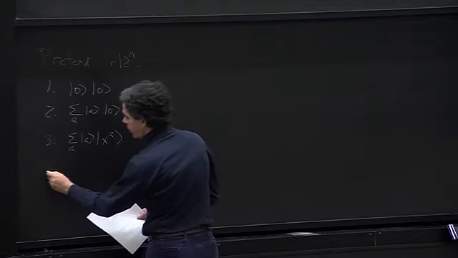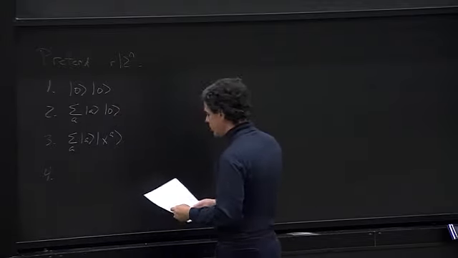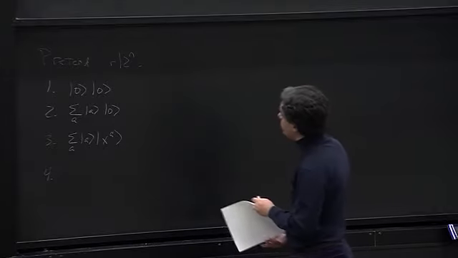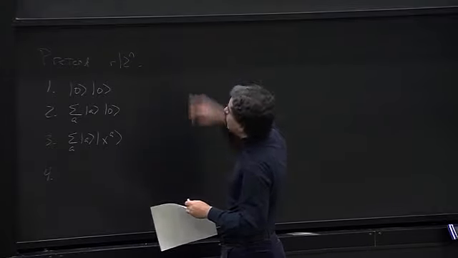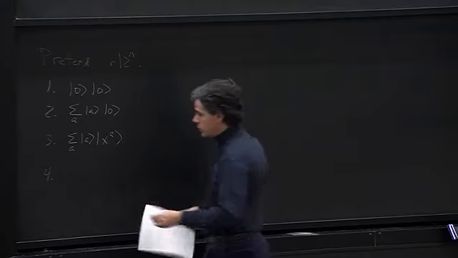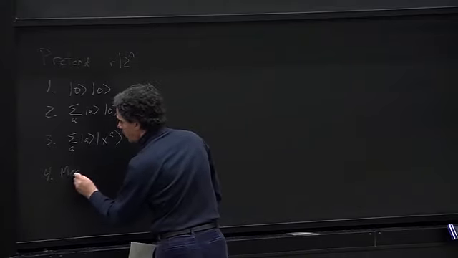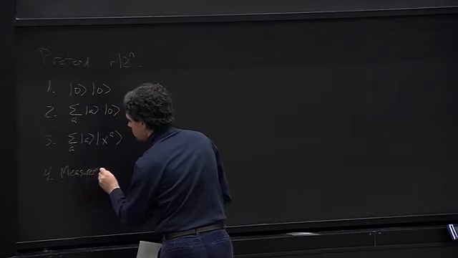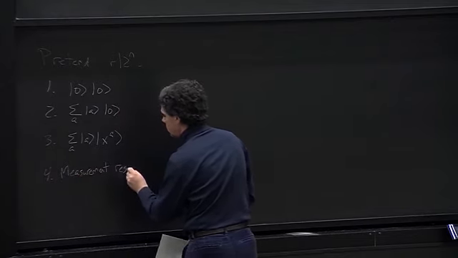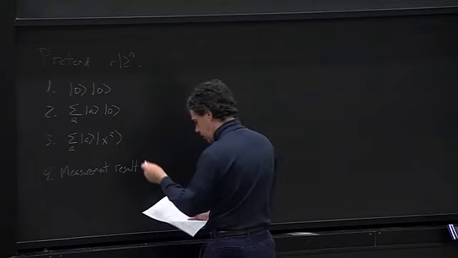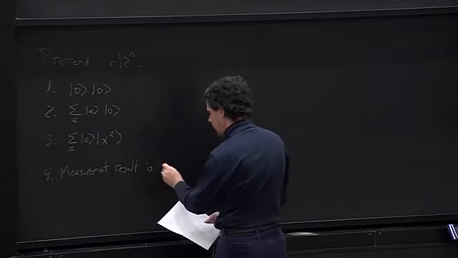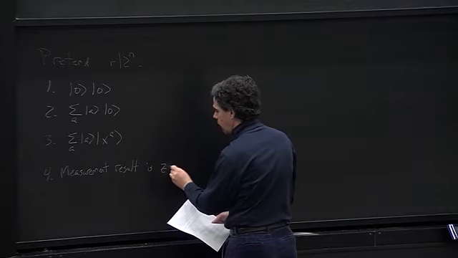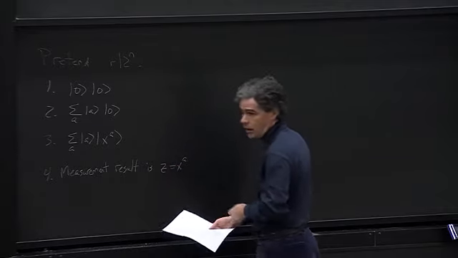Next step is where it starts to get interesting. So at step 4, we're measuring this second register. So suppose the measurement result is z. And so that's x to the a for some a.